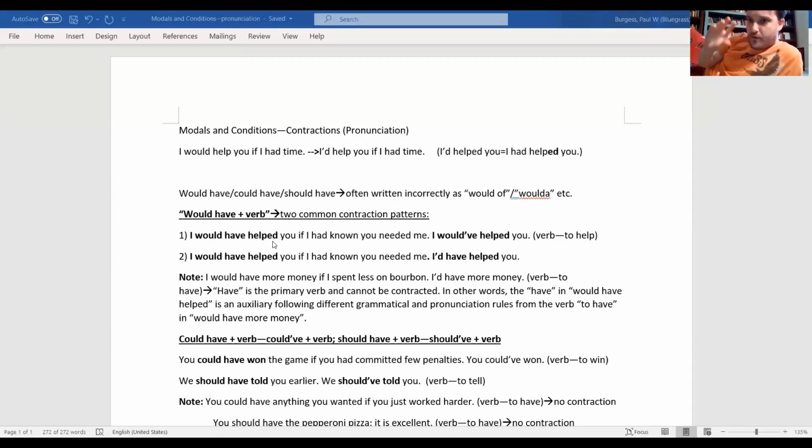A good way to think of it is that we have so many auxiliary or helping words in English, like the have in I've seen that movie. Those are always the words that we're going to contract.